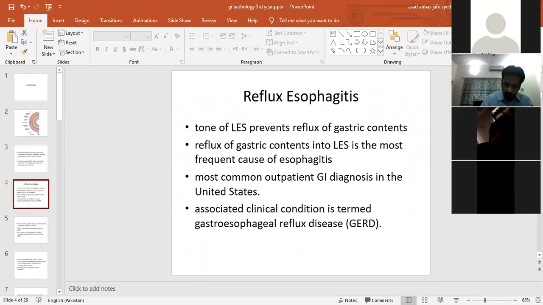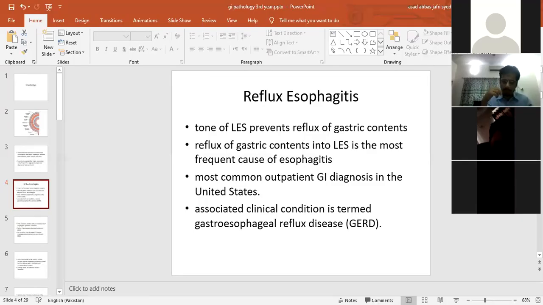So the epithelium is very resistant to friction, but it is very sensitive to acid damage because it's not optimized. There are very few mucus glands to buffer the acid. So whenever there is a problem in the stomach in terms of high pressure, or a problem with the lower esophageal sphincter, or a combination of both, the acid refluxes or regurgitates into the esophagus.